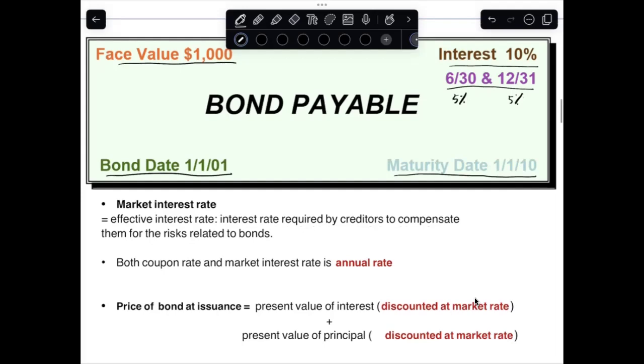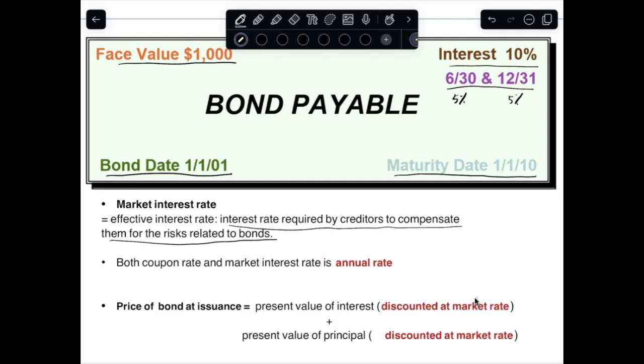Okay. So the market interest rate, sometimes called the effective interest rate, is the interest rate required by the creditors to compensate them for the risk related to the bonds. So what does it mean?